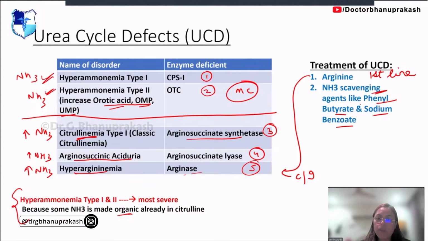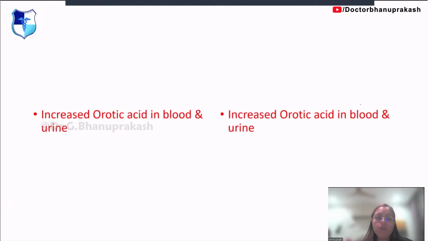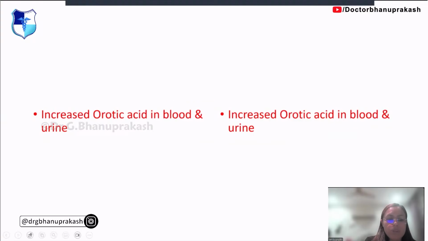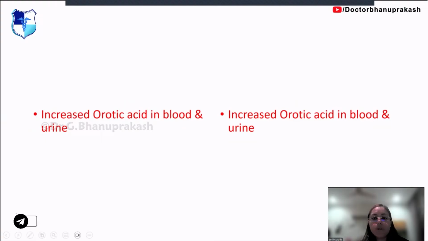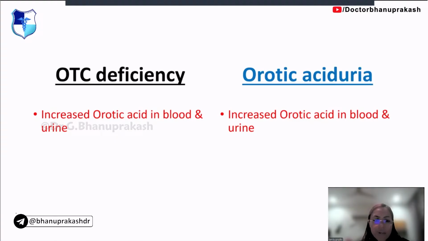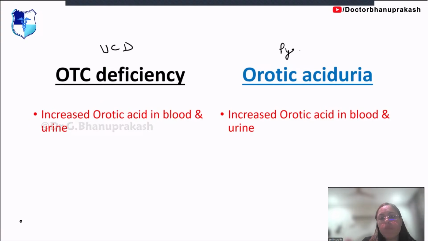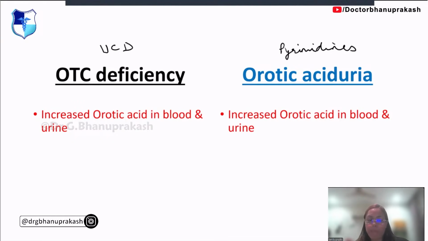Okay. Then coming to this: if a question says increased orotic acid in blood and urine, then it can be two diseases, but you need to differentially diagnose. It is OTC deficiency from urea cycle defect, or it is from pyrimidine synthesis, orotic aciduria.